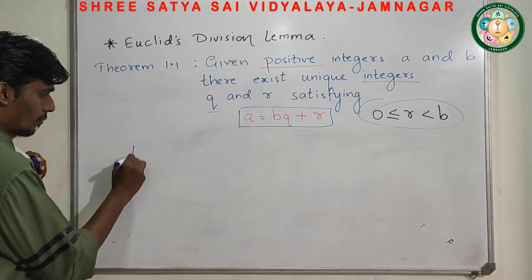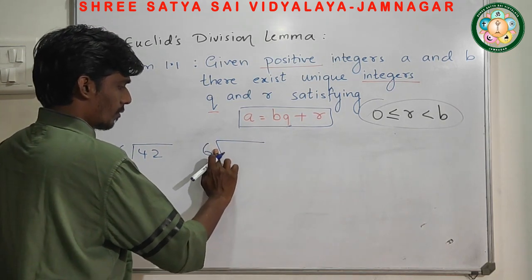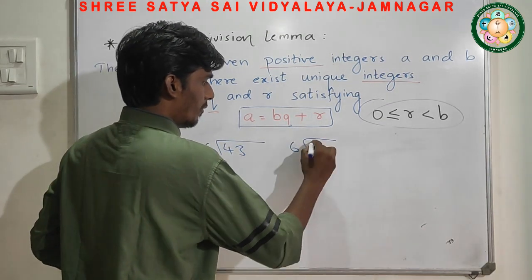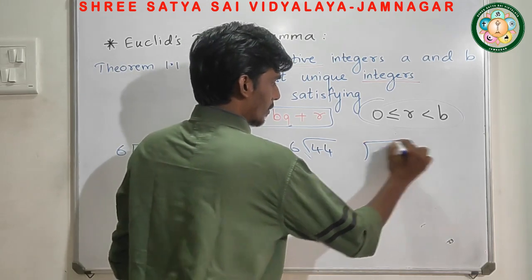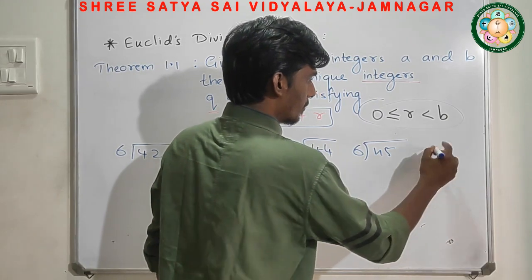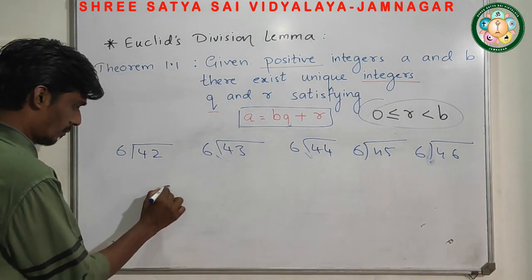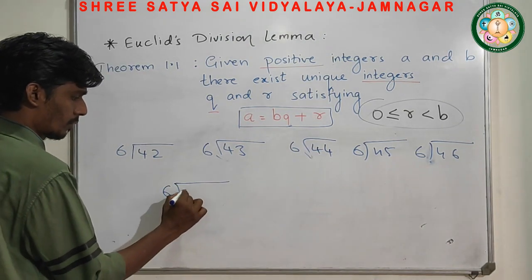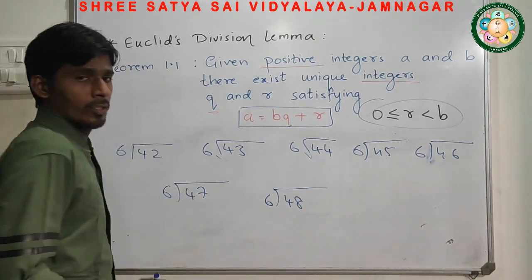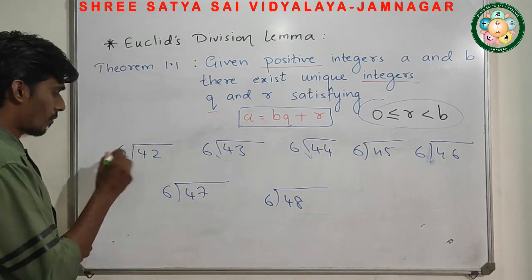Let's divide 42 by 6, 43 by 6, 44 by 6, 45, 46, 47, and 48. All of these numbers I am going to divide by 6 only. Let's find out the remainders.